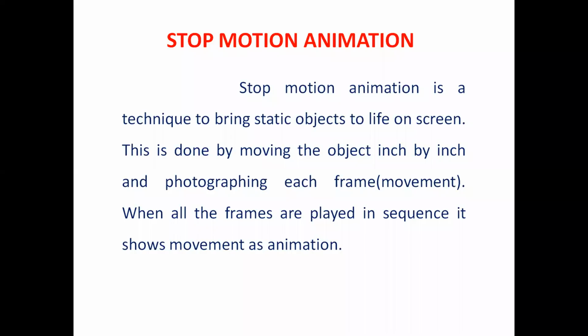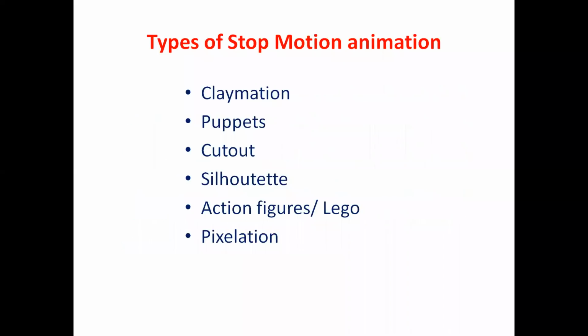Before that, there are different types of stop motion animation: claymation, puppets, cutout, silhouette, action figures, and pixelation. What we did is action figures. Using these blocks, I am moving them. This one is called an action figure.